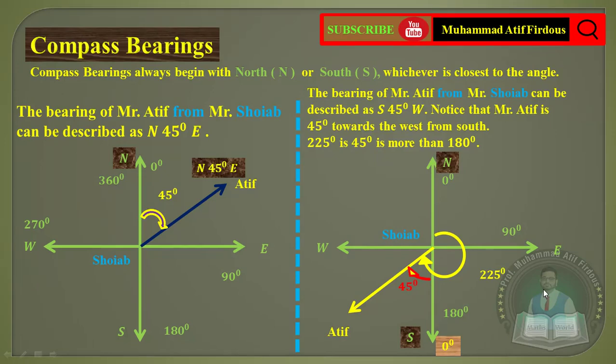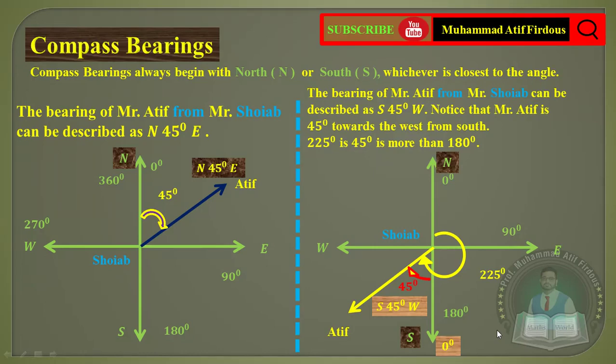In this case, start 0 degree from south. So our last answer is S45 degree west, meaning 45 degree towards the west from south. So these are simple examples of compass bearing.